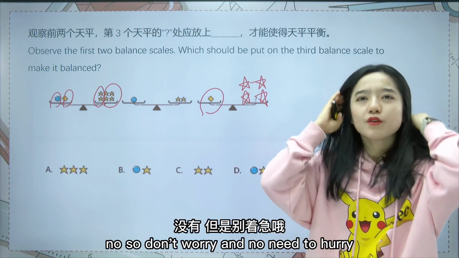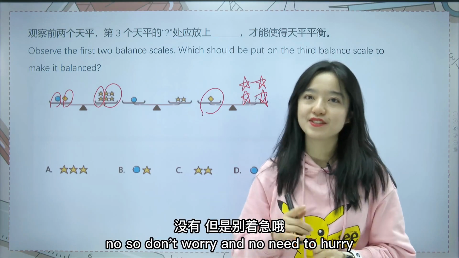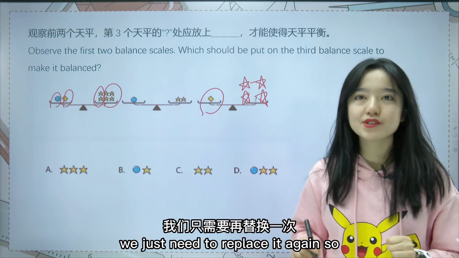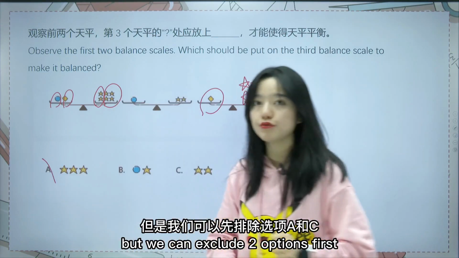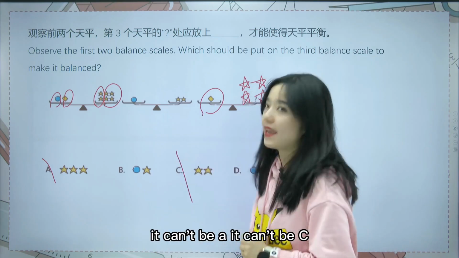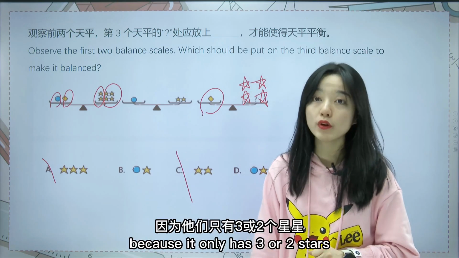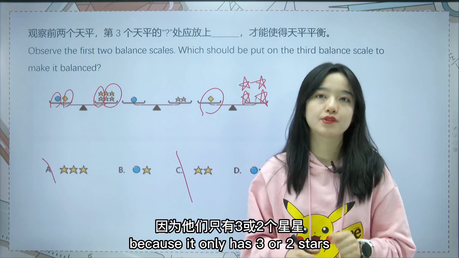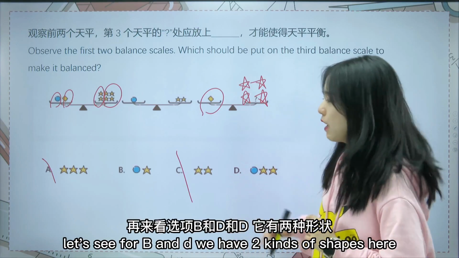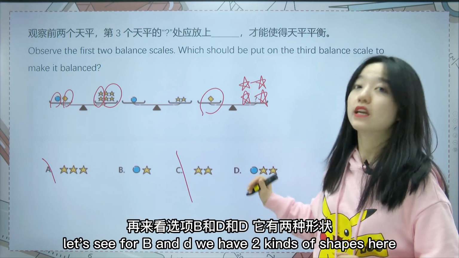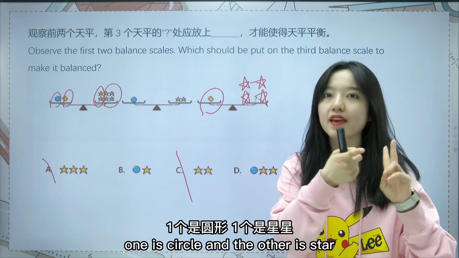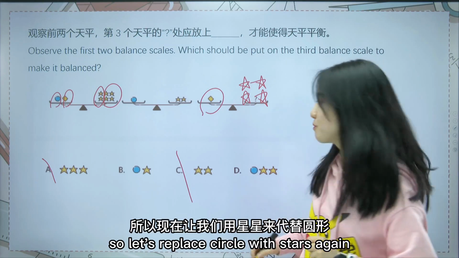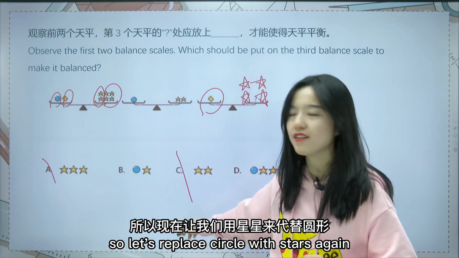No. So don't worry, and no need to hurry. We just need to replace it again. But we can exclude 2 options first. It can't be A, it can't be C, because they only have 3 or 2 stars. Let's see. For B and D, we have 2 kinds of shapes here. One is circle and the other is star. So let's replace circle with stars again.